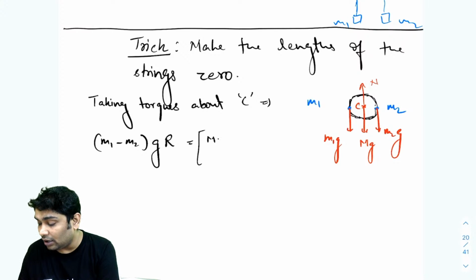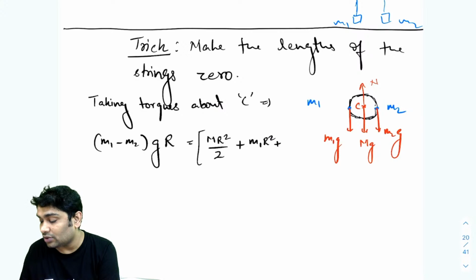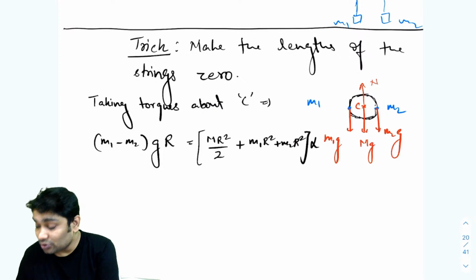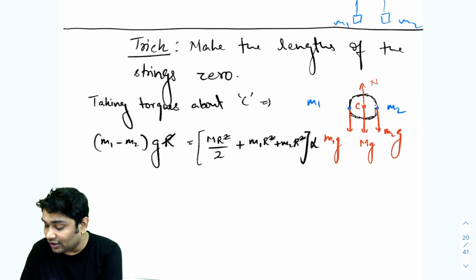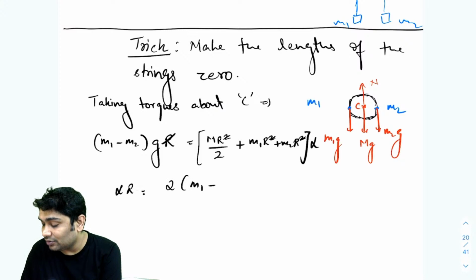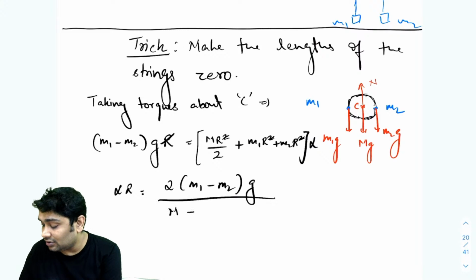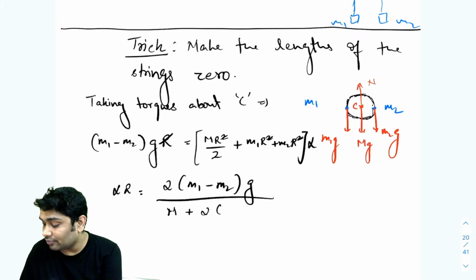That would be (MR square over 2 plus M1R square plus M2R square) times alpha. Right? So all you need to do is cancel this out, take one R common, and you will get alpha R equals (M1 minus M2) over (M over 2 plus M1 plus M2). And I know alpha R is nothing but a.